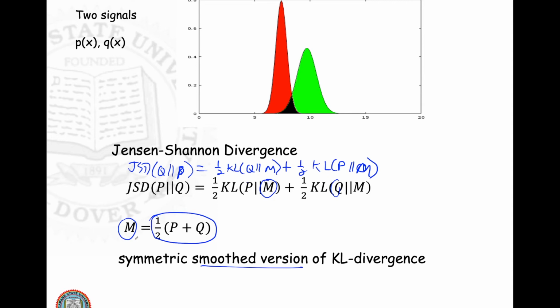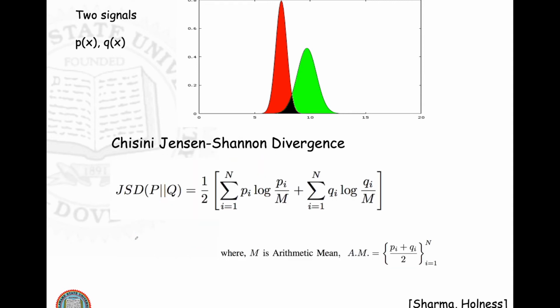Okay, and so some of the work that I did with my graduate student a couple years ago, we developed a new information theoretic measure. We call it the Shishini Jensen-Shannon divergence, or CJSD. Now, if we have the Jensen-Shannon divergence, this is what it looks like. We have our KL divergence between P and the midpoint distribution, and Q and the midpoint distribution.